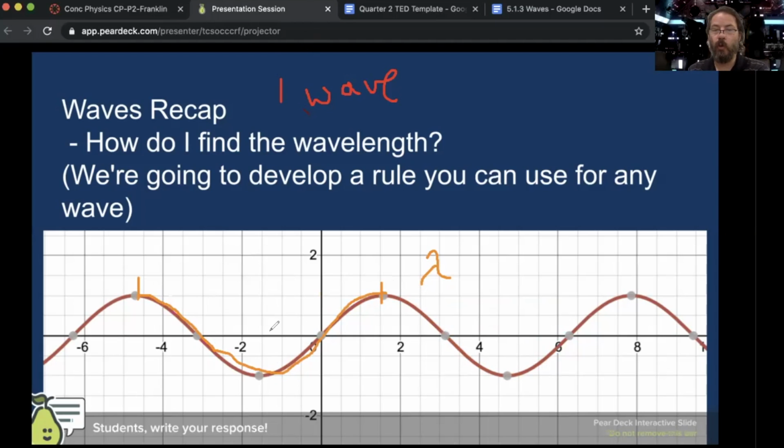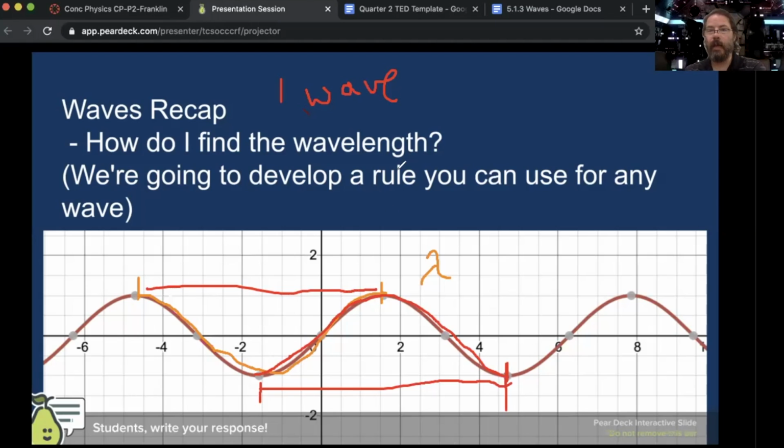So this is one wave, okay? If I start at the trough, down here and I go up, where does the motion start over? Down here at the next trough. So trough to trough, crest to crest. Those are the easy ways to remember it, but in more advanced applications, you may only be given this part of the wave.